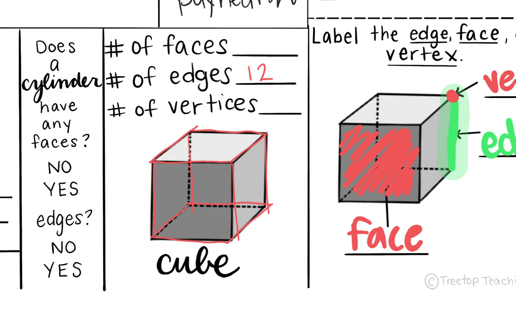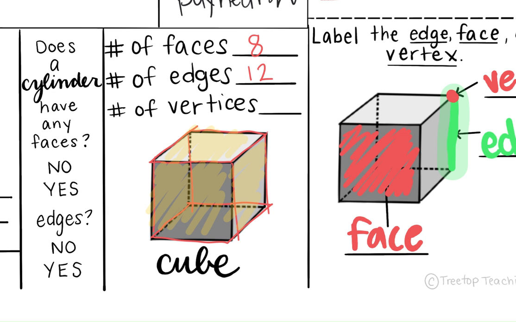If you count the faces of this cube, right? So your faces are like 1, 2, 3, so on and so forth. And you should have 8 faces for a cube.